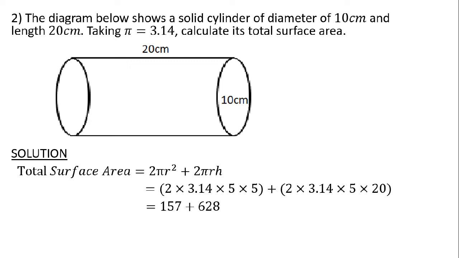If you multiply 2 times 3.14 times 5 times 20, you are going to get a 628. Add that, what you are going to get is 785 square centimeters. That is your answer. We go to the next question.